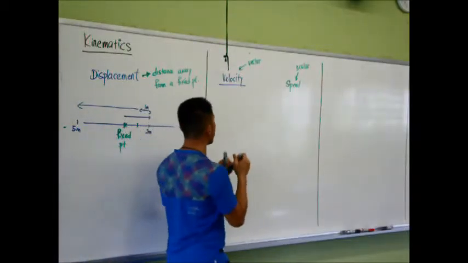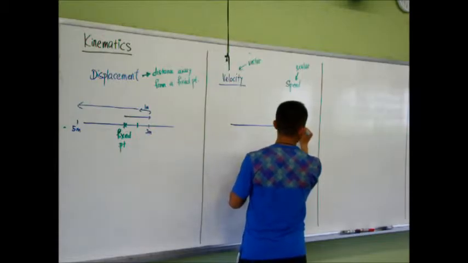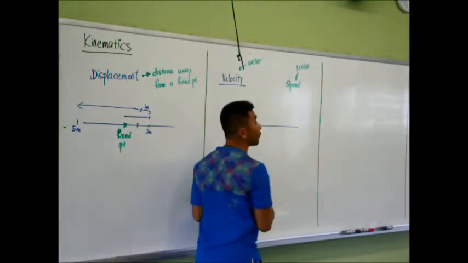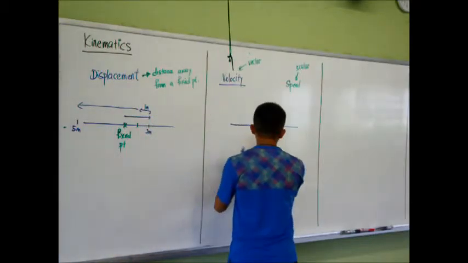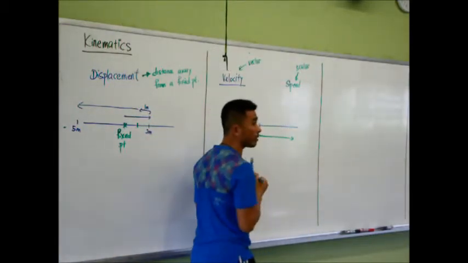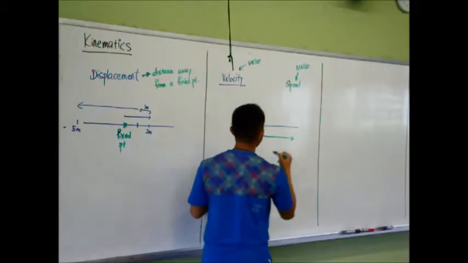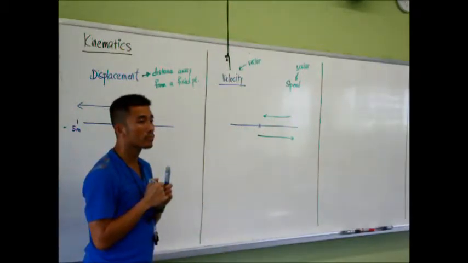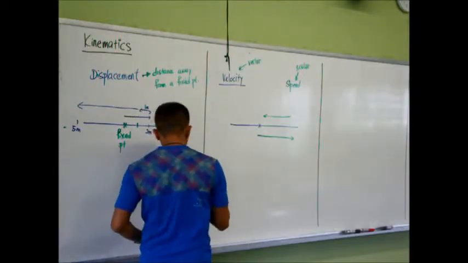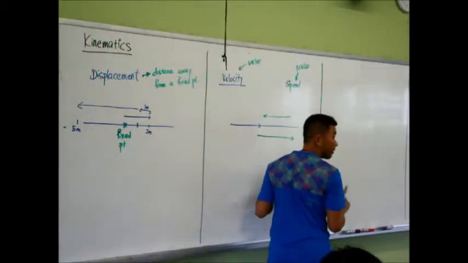Take a look at the example again. Let's say I start from a fixed point. You can talk about the speed traveling in this direction, and also the speed traveling in this direction. But when you talk about speed, there is no direction involved.